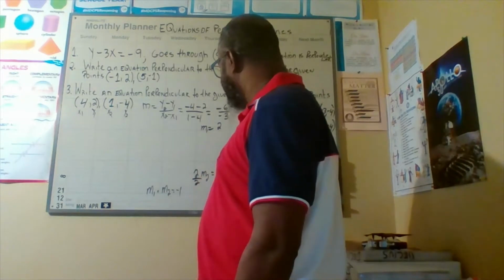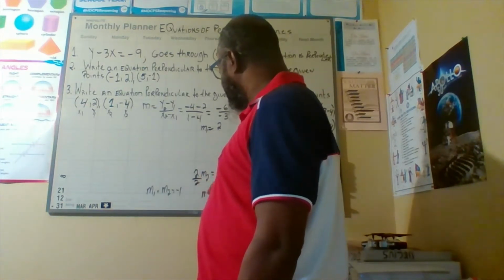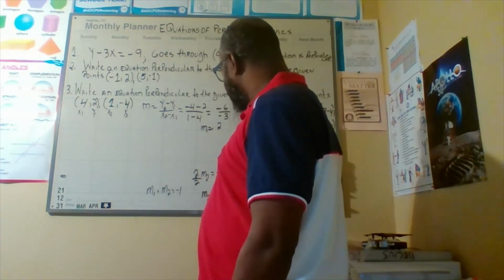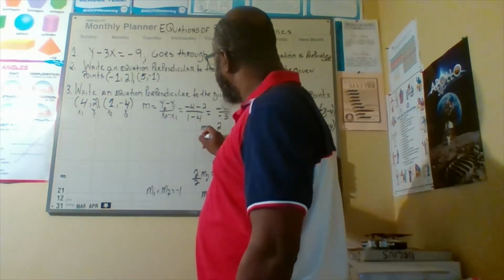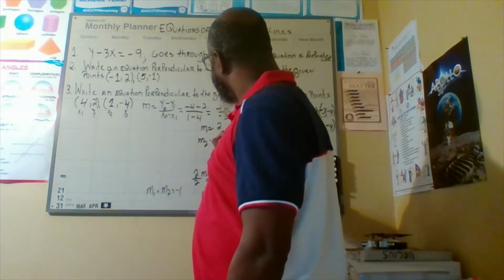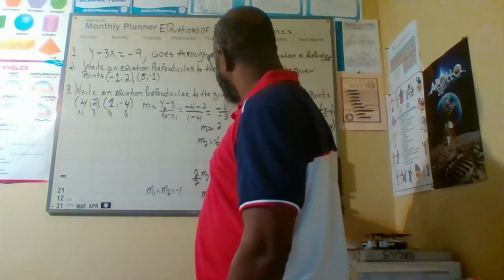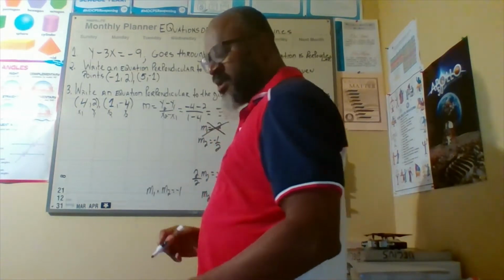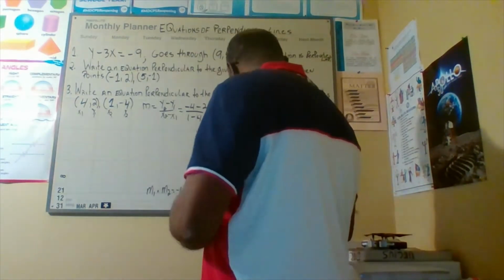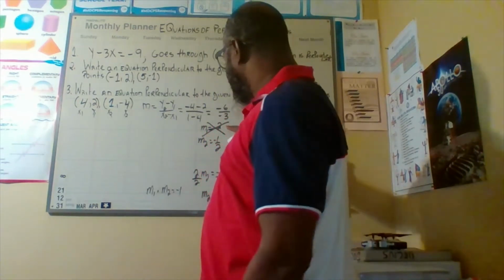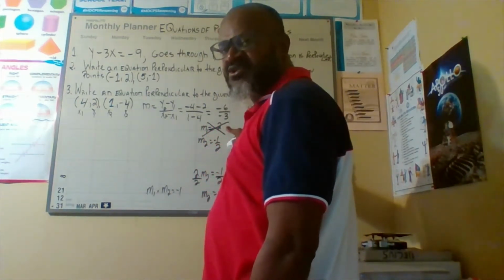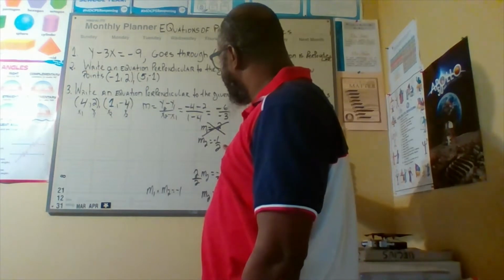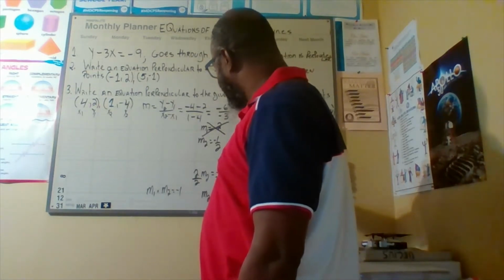Divide both sides by 2. The perpendicular slope is negative 1/2. You cannot use 2; you use 2 to help you find the perpendicular slope. If you use 2, the slope will be parallel. You have to use negative 1/2 as your slope.